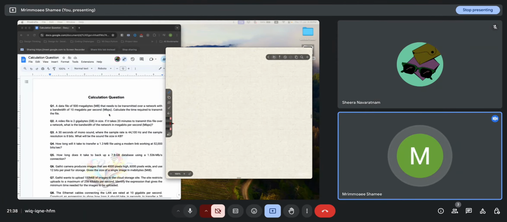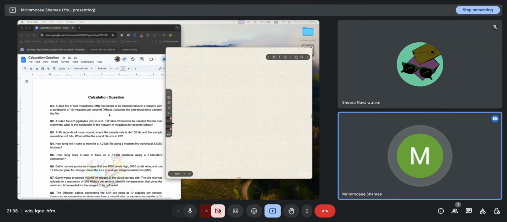So the data file is 500 megabyte, MB means megabyte, whereas the transfer per second, that means bandwidth, is 10 Mbps, that means 10 megabit per second.